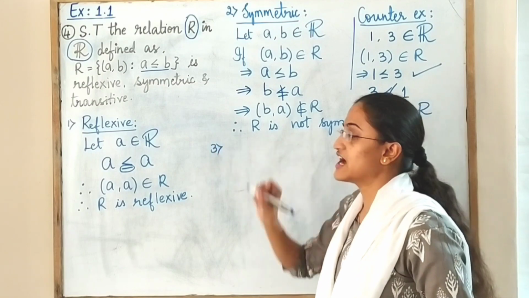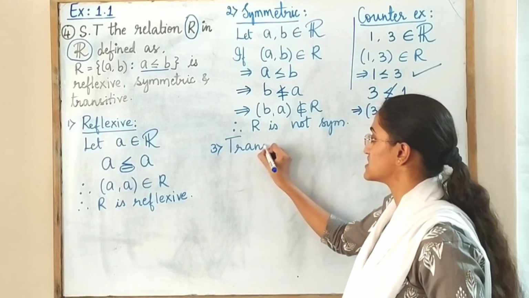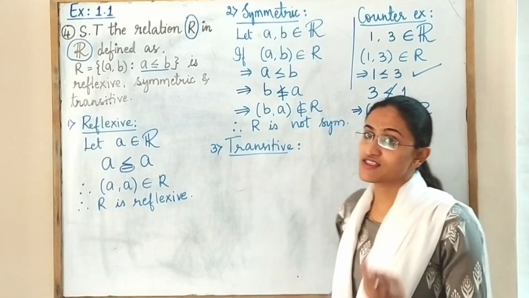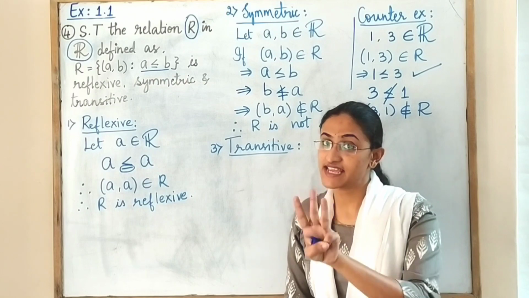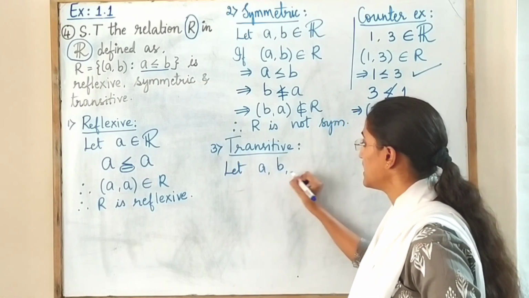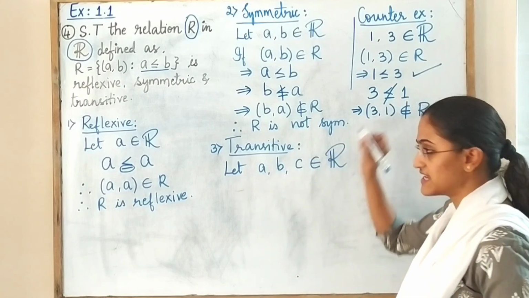Similarly, we shall now move to the third one, that is the transitive relation. Again, for the transitive relation, we need 3 elements, and hence I am choosing A, B, C, which belongs to the set of all real numbers.